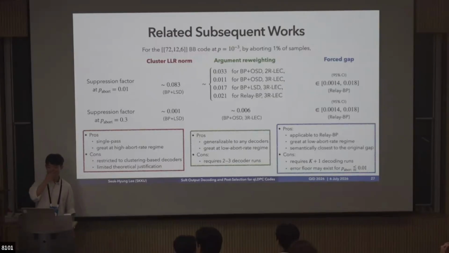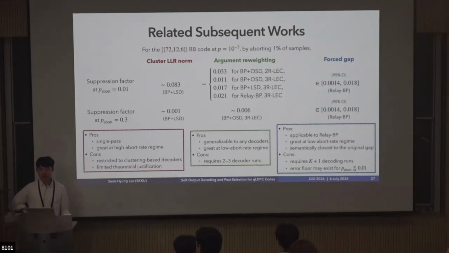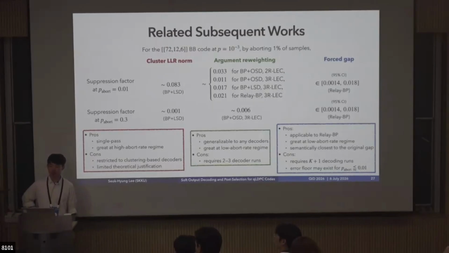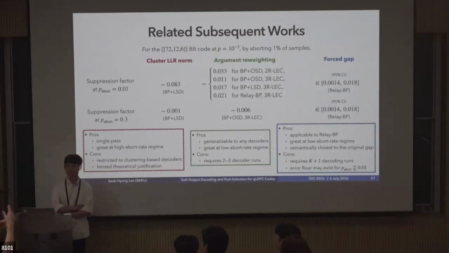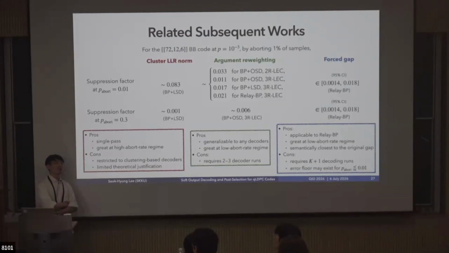But when we go to the very low physical error rate, where the logical error rate is also much lower, do you think this enhancement for small abort rate would still be observed, or is it an intermediate region behavior of this error correction? Do you see what I mean?